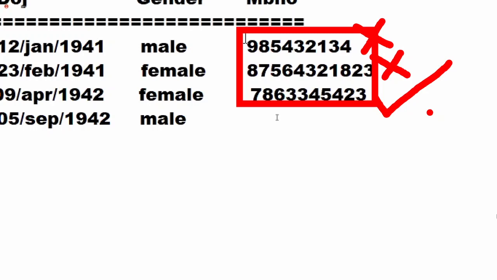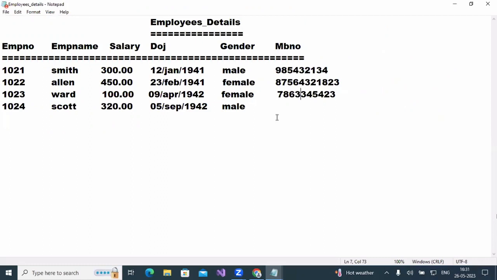That's why what was happening in your flat file is that if you want to store any wrong information, the wrong information is also allowed and saved. But that is not correct in real time. Because in real time, the way we want to maintain our data should be accurate. Our data should be consistent.